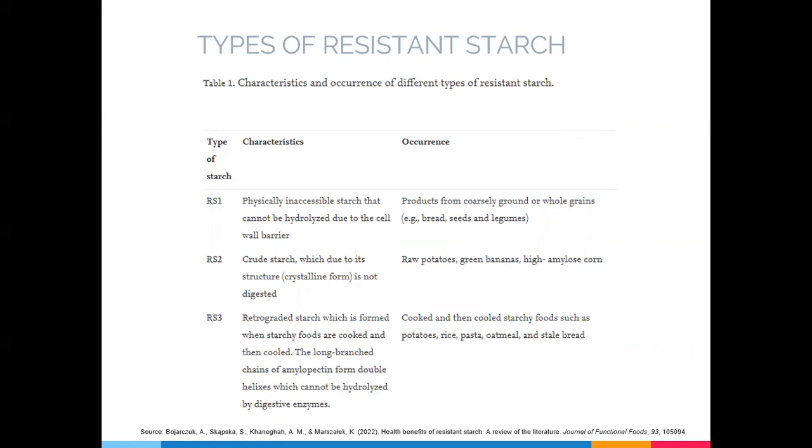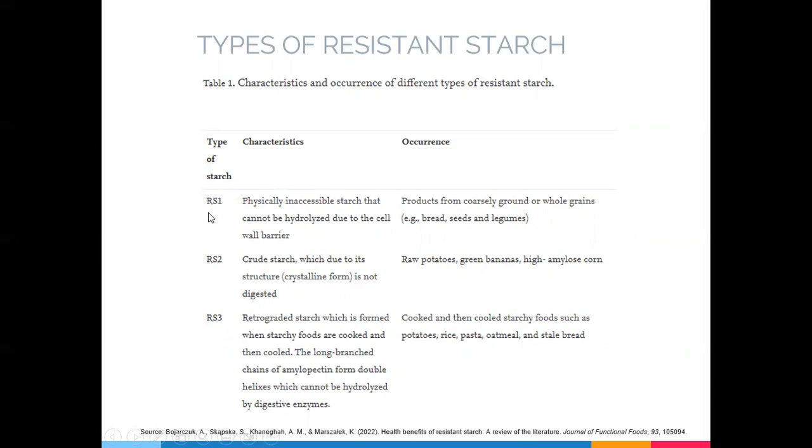So there are actually classifications for resistant starch. We have five classifications or five types of starch. First we have RS1, or resistant starch type 1. So you can call it simply RS1.